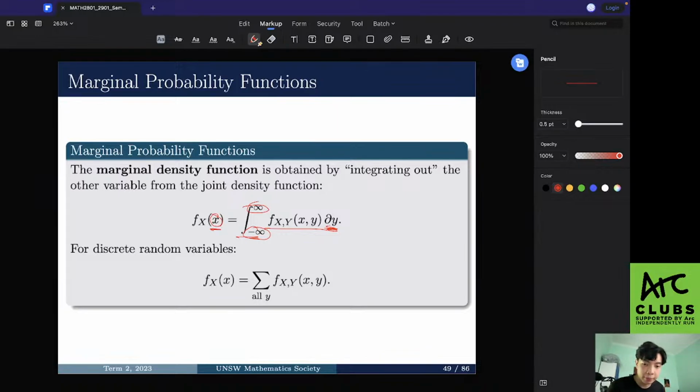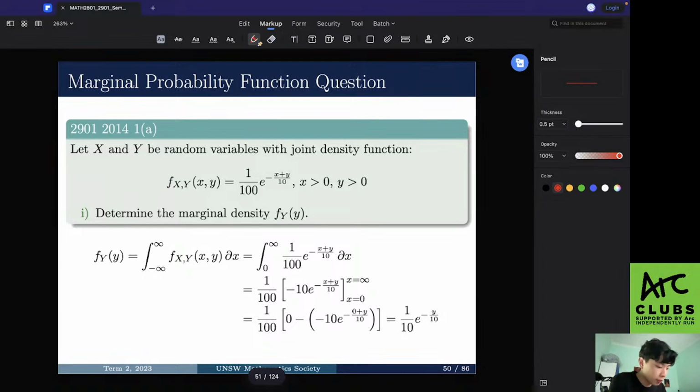And it's pretty much the same thing for discrete random variables, where instead of integrating, you just add them up, since obviously there's a finite amount and you don't require integration. So that's what the marginal density is. It's just getting the PDF of x or PDF of y independently from the joint density function.